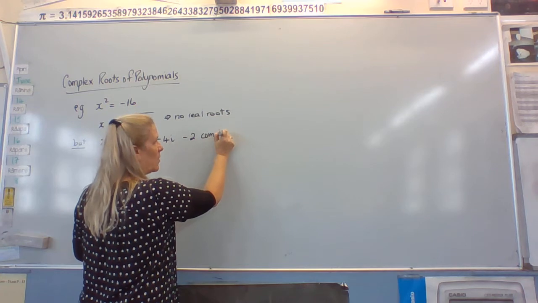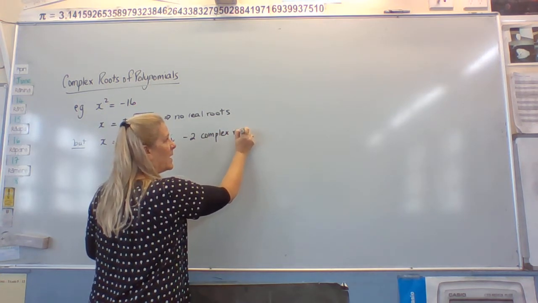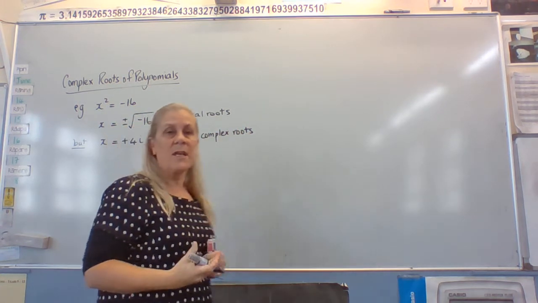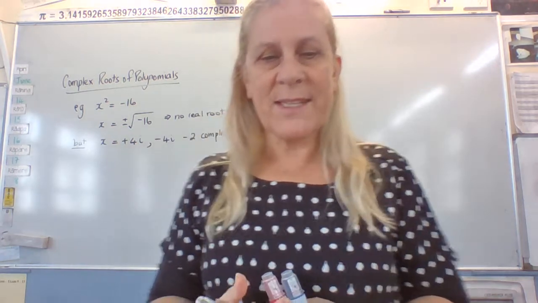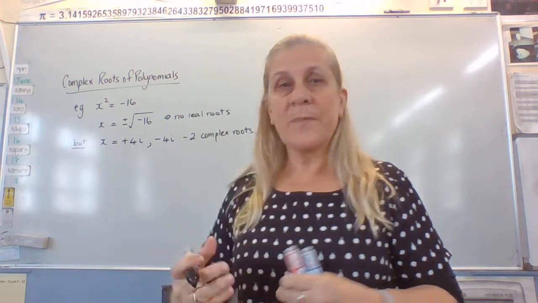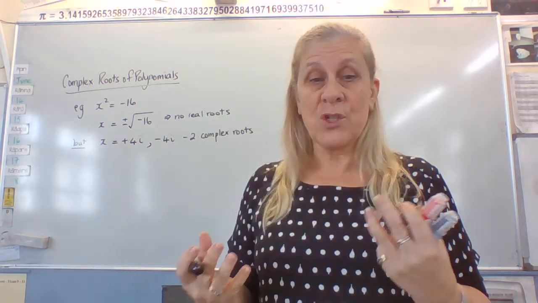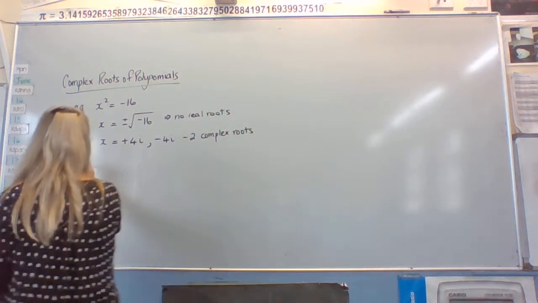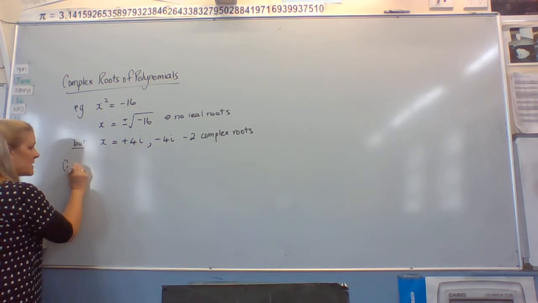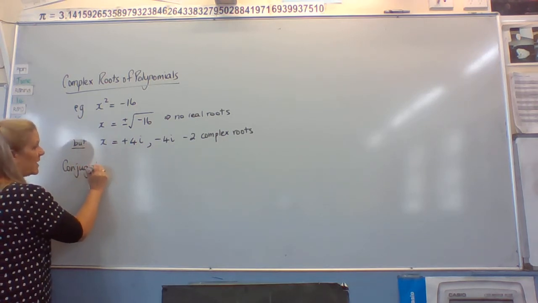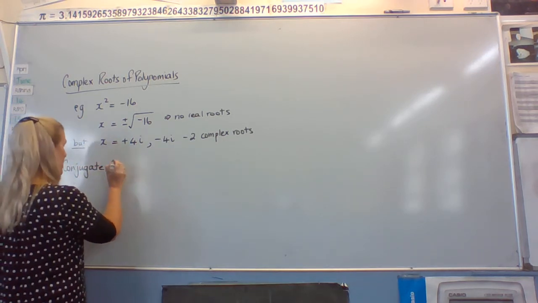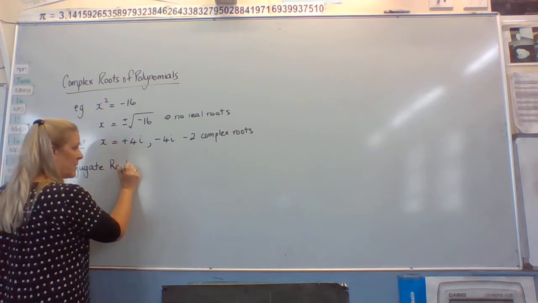Now, complex roots, imaginary roots, are a little bit more interesting than the real roots because there is something called the conjugate root theorem. We know what a conjugate is. It's when we change the sign on the imaginary part.